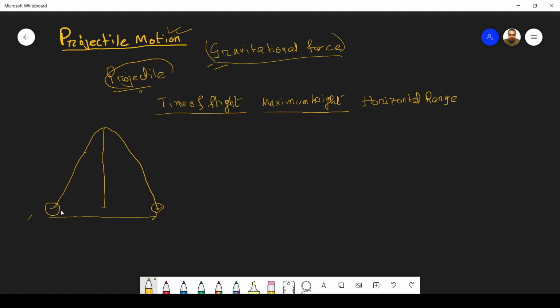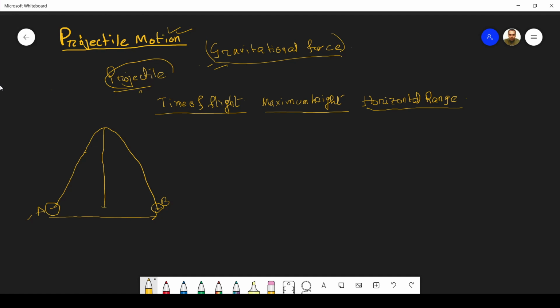The projectile started here and reaches this point. I give this point the name A and this point the name B. How much distance it has traveled horizontally, that is the horizontal range. So these three terms about projectile motion we have to understand.